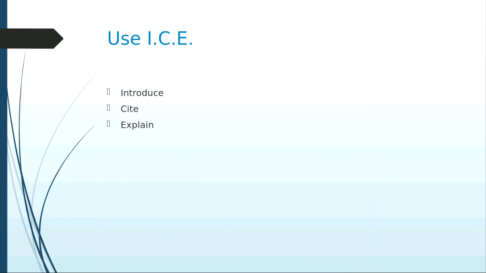So remember this acronym, ICE. It reminds you to introduce your verbatim text first, or your source idea, and then cite it, and then finally explain its significance to your argument. In general, the longer a verbatim passage you use from a source, the more you need to introduce it beforehand and explain its significance after.